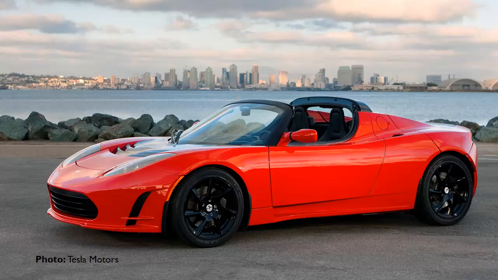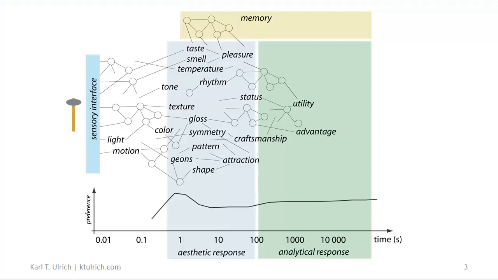And so I want to give a way to think about that, which is shown here. This is a figure from the book. Let's imagine that we're exposed to some artifact. I've shown here a hammer, and we experience it through some kind of sensory interface. Let's, for the moment, just keep it simple and imagine that that's through our eyes.